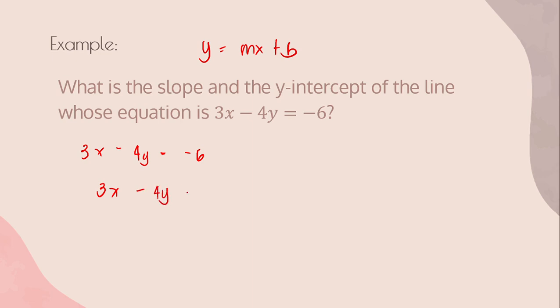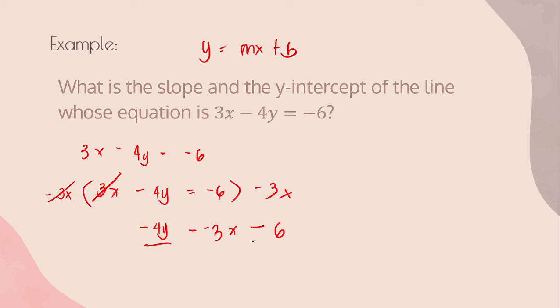So we have negative 4y is equal to negative 6, and then subtract 3x on both sides. This would be cancelled out already. So you have negative 4y is equal to negative 3x minus 6.